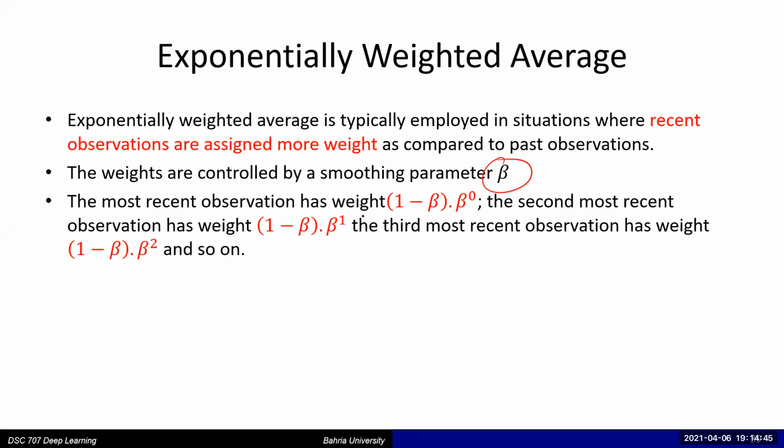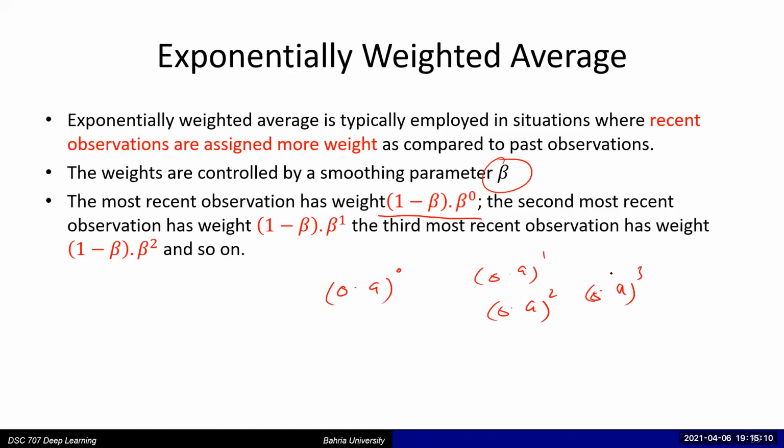So the most recent observation has weight 1 minus beta times beta power 0, and then beta power 1, beta power 2. Since beta is a value between 0 and 1, say 0.9 or 0.8, your weights are decreasing, because as you take 0.9 raised to power 2, 0.9 raised to power 3, these numbers get smaller and smaller, right?